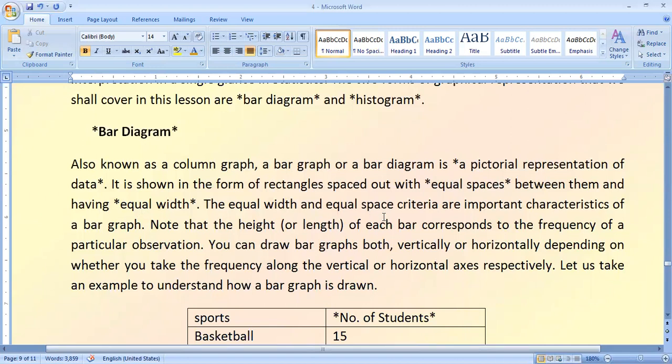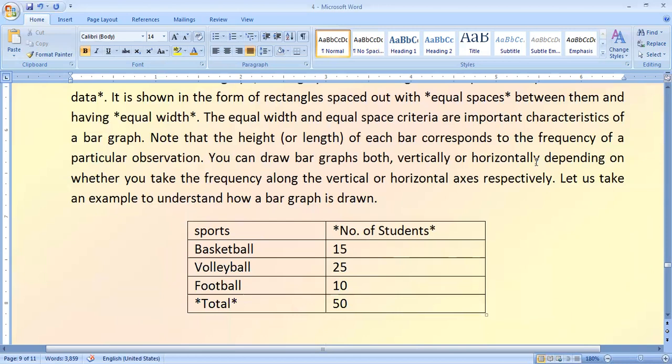The equal width and equal space criteria are important characteristics of the bar graph. Note that the height or length of each bar corresponds to the frequency of the particular observation. You can draw a bar graph both vertically and horizontally, depending on whether you take the frequency along the vertical or horizontal axis respectively.